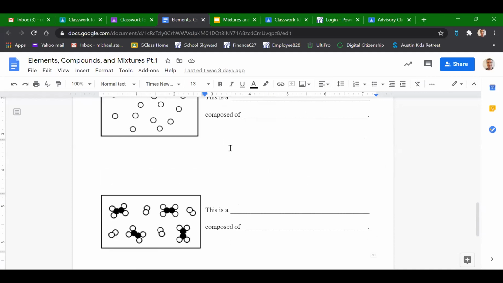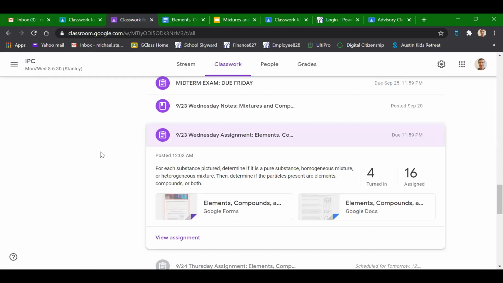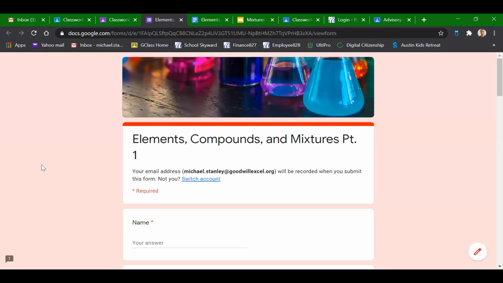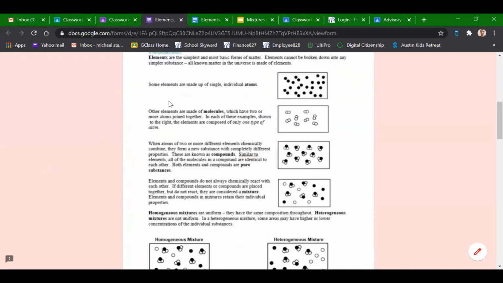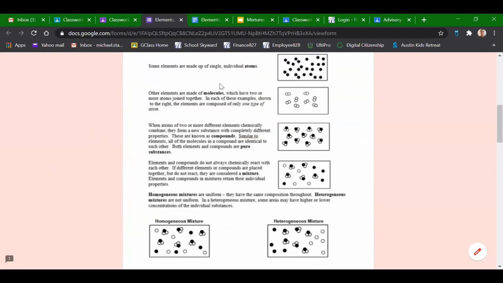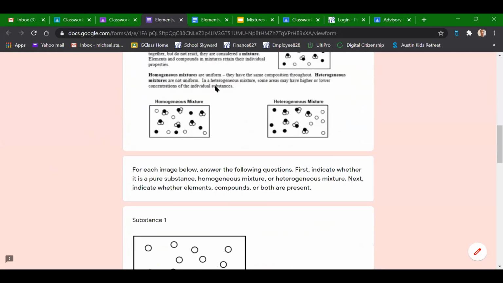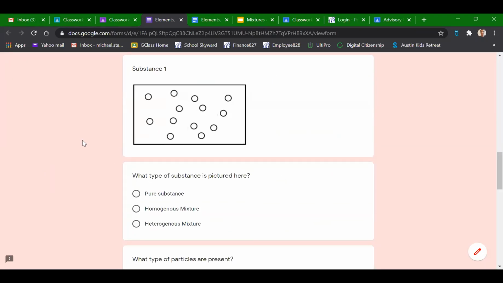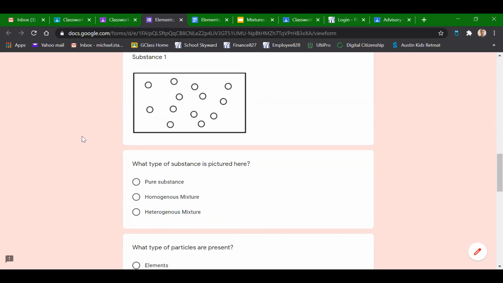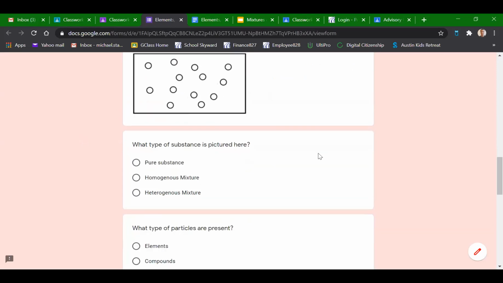So this is the Google Doc version. If you want to do the Google Form version, I simplified it for you a little bit. So on the Google Form version, we have the same information. I posted in a picture up here in case you want to review it again. And then for each one of these substances, we have those same 2 questions, but now instead of having to write it out, you can just pick an answer.